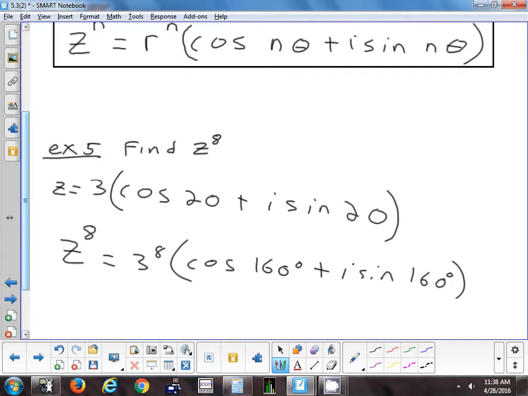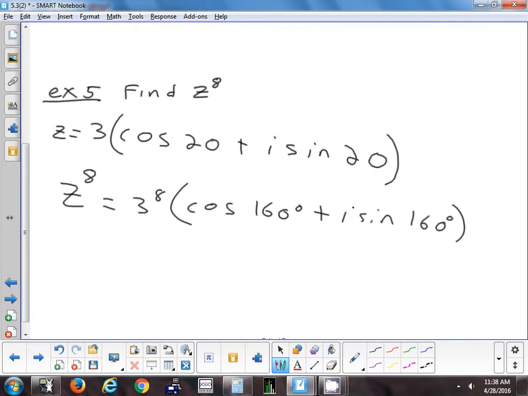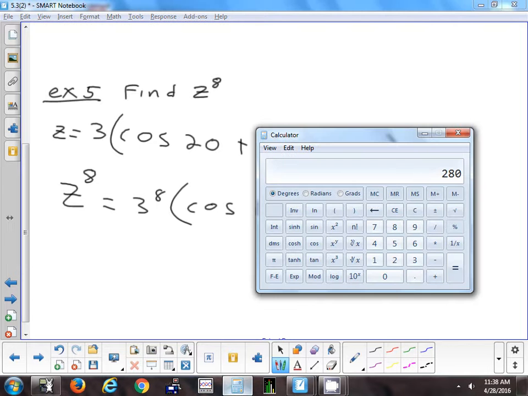Much shorter than having to multiply something out 8 times. You don't want us to do like that 3 out to the 8th power. Let's see how big it is. Okay, if this number starts to come out too big, like in the millions, we're not going to do it out. Okay, 3 to the 8th power. That's not huge, but I'd say let's just leave it as 3 to the 8th.